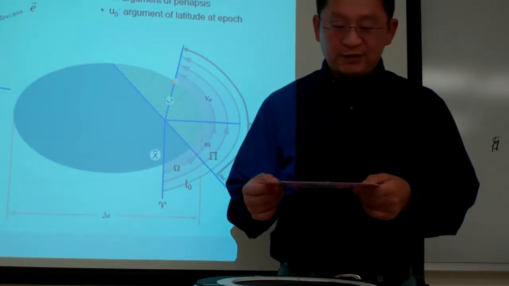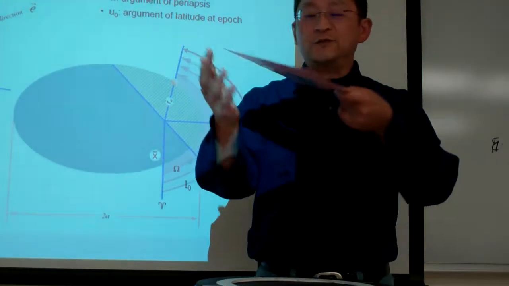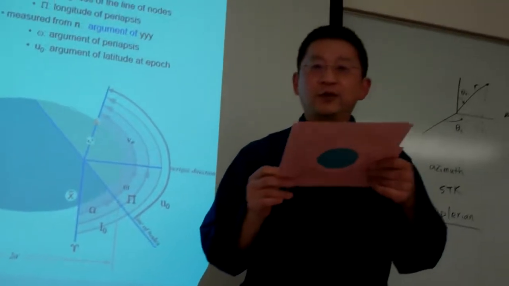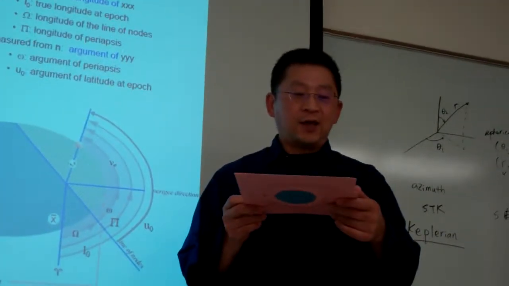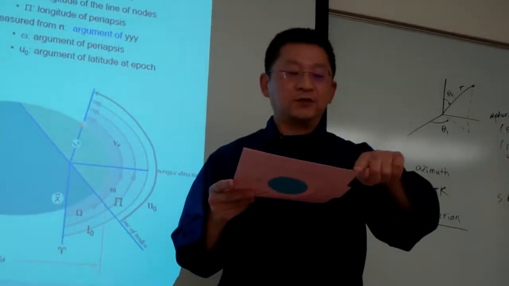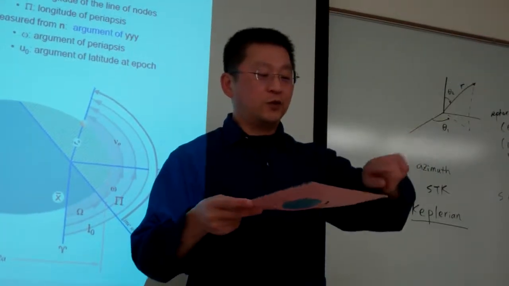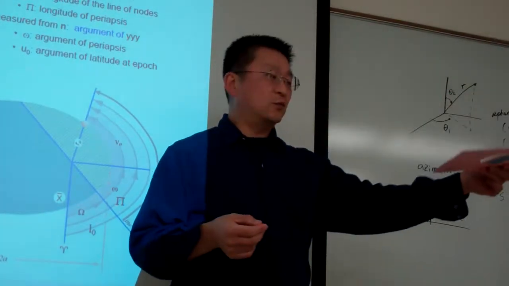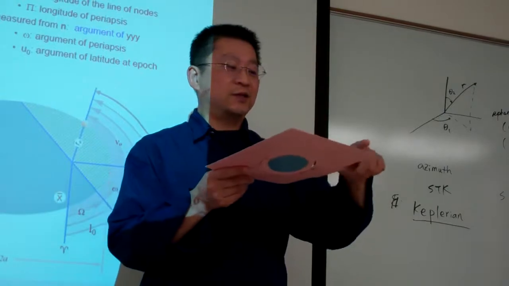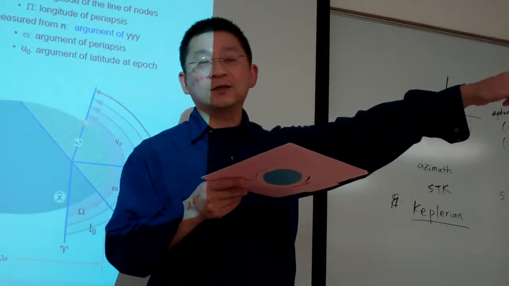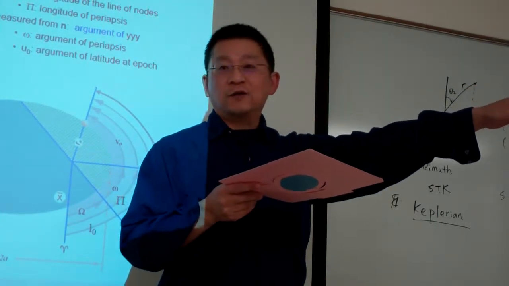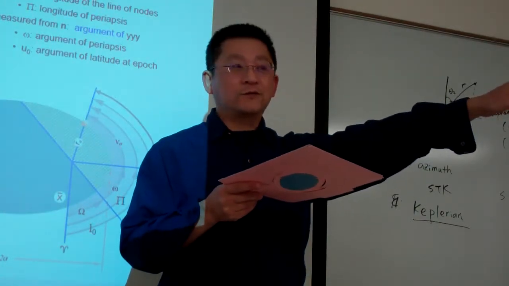The way it is: you imagine this folder as the equatorial plane. Say, for example, this direction is pointing to I, the direction of the vernal equinox. Earth is basically moving around in space, but this is a direction fixed in space.